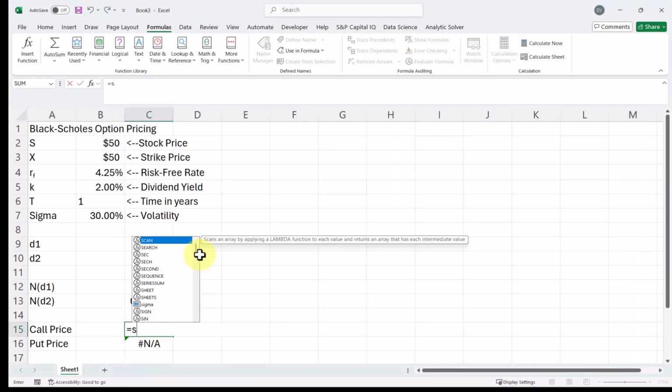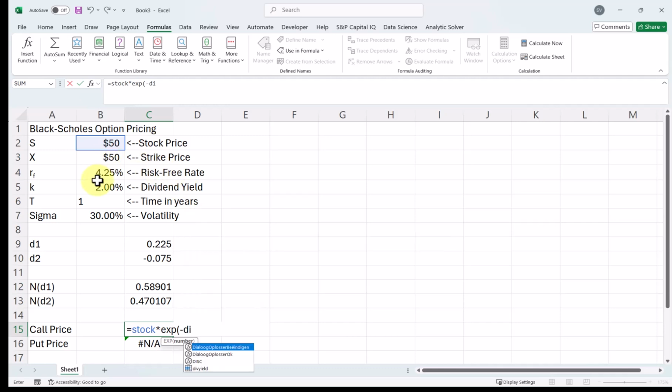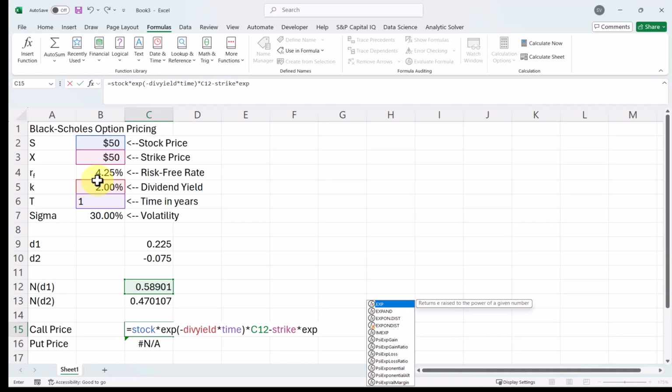Equal to the stock price multiplied by EXP, open parentheses, negative dividend yield multiplied by time, multiplied by ND1, minus the strike price multiplied by EXP, negative risk-free, multiplied by time, multiplied by ND2.